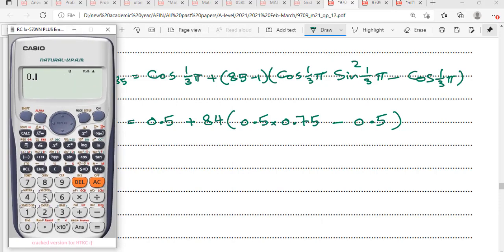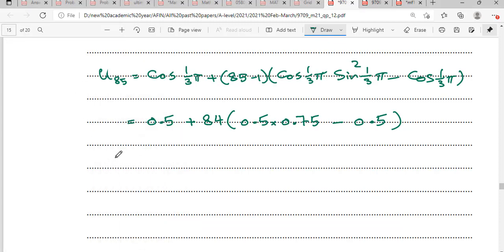We have 0.5 plus 84 times bracket 0.5 times 0.75 minus 0.5, close the bracket, it's equal to negative 10. So U85 is negative 10.